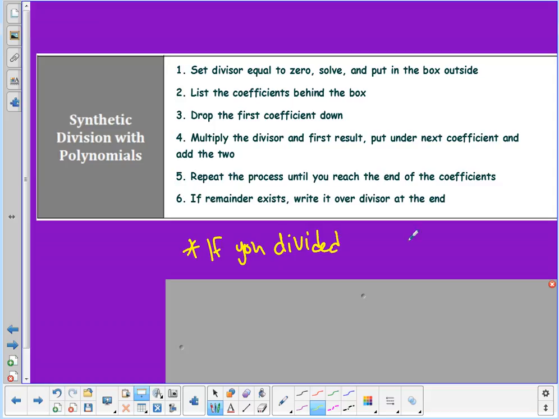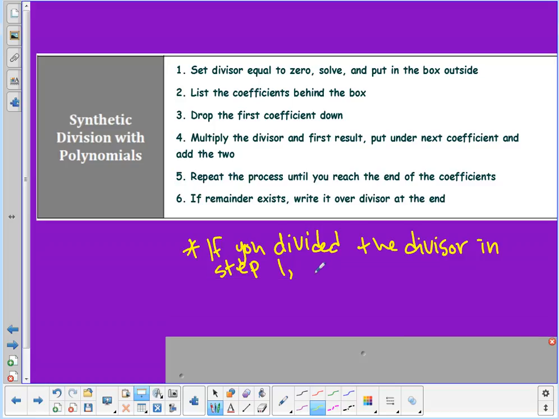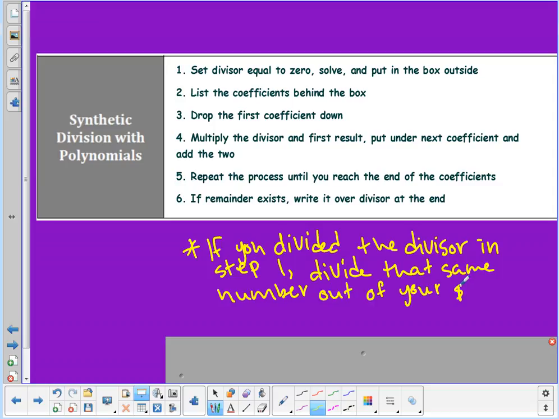If you divided the divisor in the first step, you have to divide that same number out of your result. Okay, so we'll see that in some examples today, and we'll talk about it.